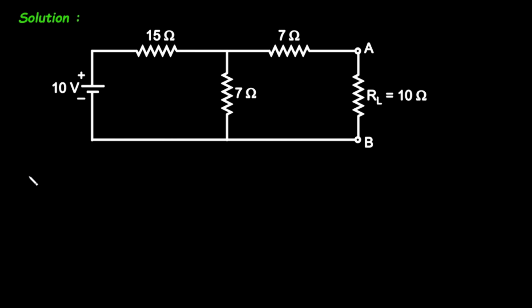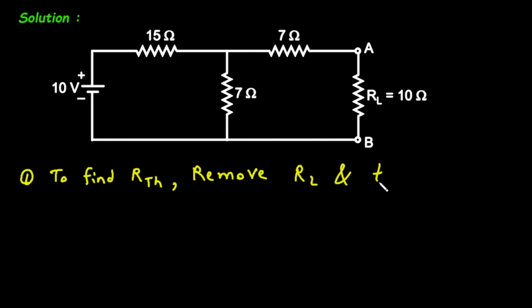Now step number 1 is to find the value of RTH. So to find RTH, remove RL and turn off all independent sources.